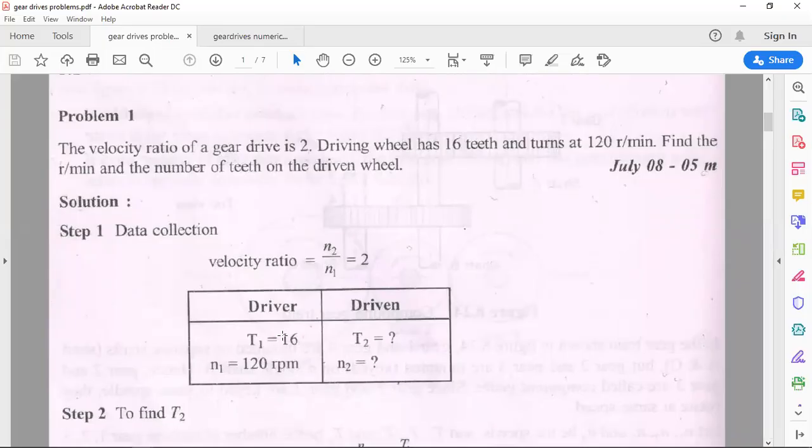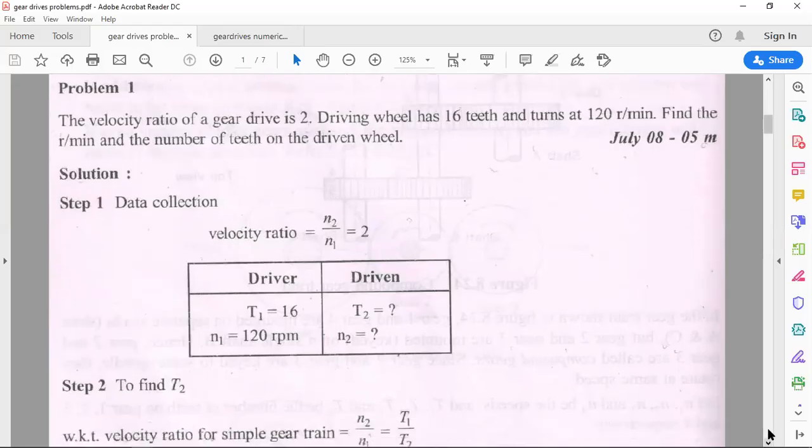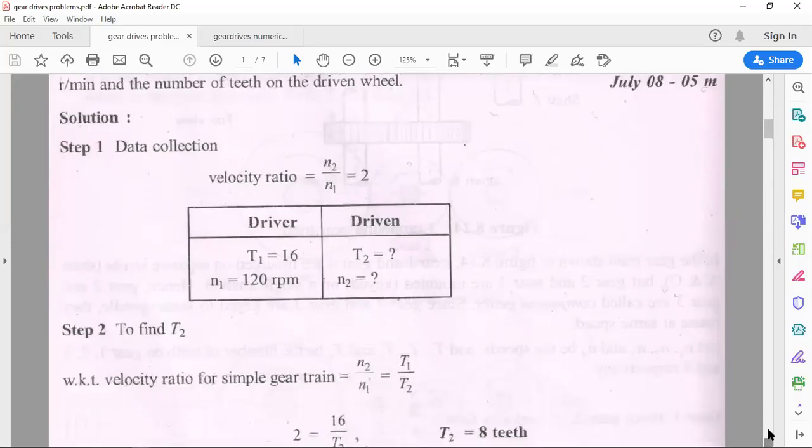Once you got the 240 rpm, we know the relation: velocity ratio, the speed of the driven divided by the speed of the driver, is equal to the number of teeth on the driver by the number of teeth on the driven, that is N2 by N1 is equal to T1 by T2.